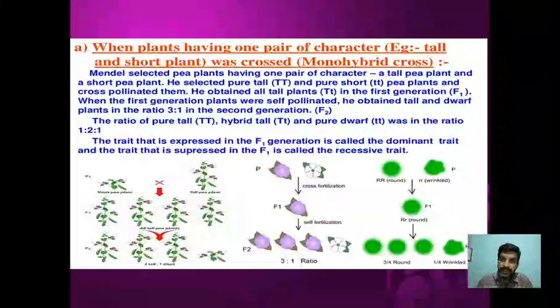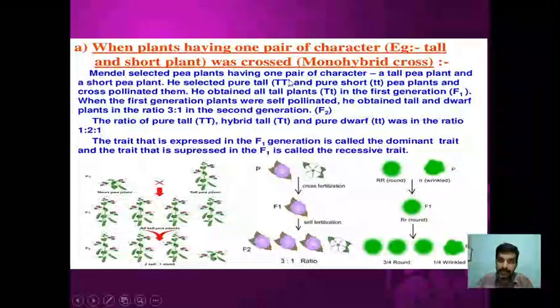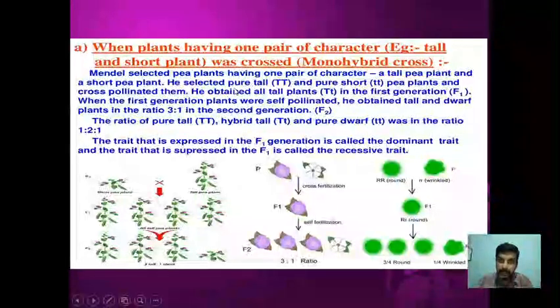So if the inheritance of one gene is studied, because these traits are controlled by genes, such a cross we call a monohybrid cross. Mendel selected plants having a pair of characters, that is tall pea plants and dwarf pea plants, and he selected pure plants.